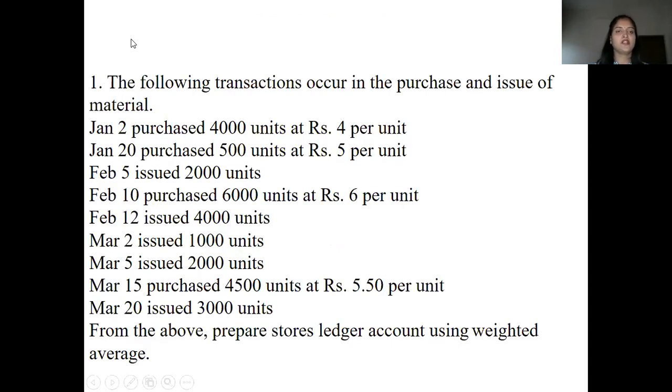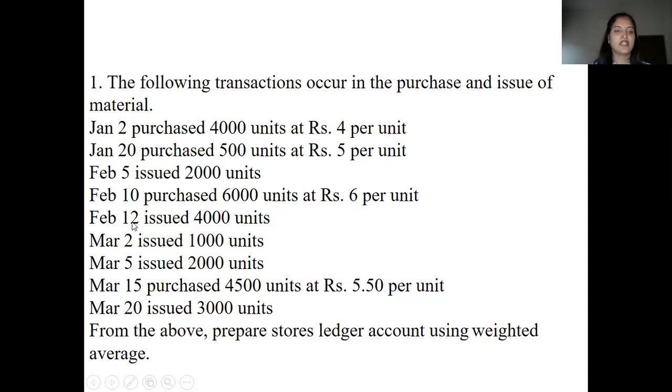Look at the problem here. The following transactions occur in the purchase and issue of material. On January 2nd, purchased 4,000 units at rupees 4 per unit. On January 20th, purchased 500 units at rupees 5 per unit. On February 5th, issued 2,000 units. On February 10th, purchased 6,000 units at rupees 6 per unit.